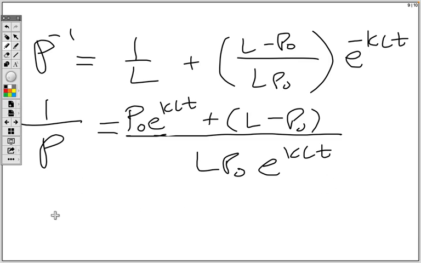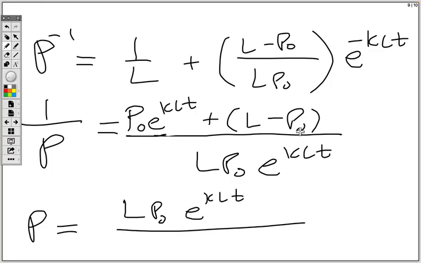Then I can flip it over. And I would have L P naught e to the KLT over L minus P naught plus P naught e to the KLT.